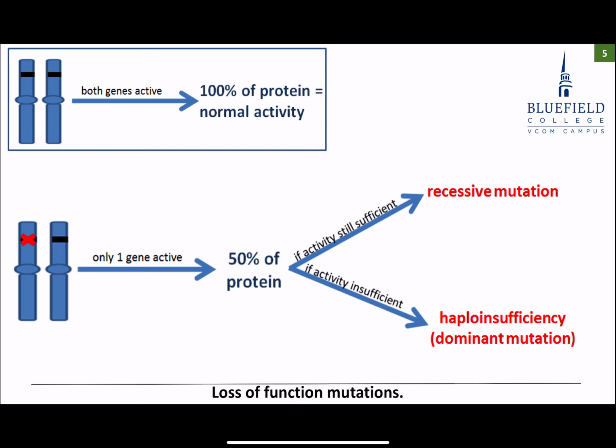So the mutation can be recessive if activity of the remaining allele is sufficient to support the function. Or if activity of the non-mutated allele is not sufficient to support the function, we call it haploinsufficiency or just dominant mutation. So haploinsufficient means that again, the remaining non-mutated copy is not enough to support normal function of the gene. That leads to dominance.